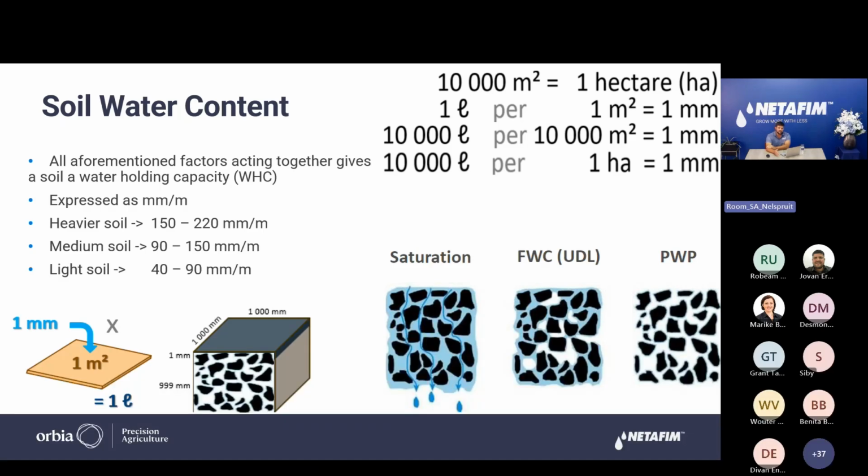We generally work with 60 centimeters on most tree crops, and for vegetable crops it's mostly between 50 and 30 centimeters. Even cabbages, you can work with only 20 centimeters. So just consider the amount of water it actually takes to refill your soil to that specific water holding capacity and field capacity.